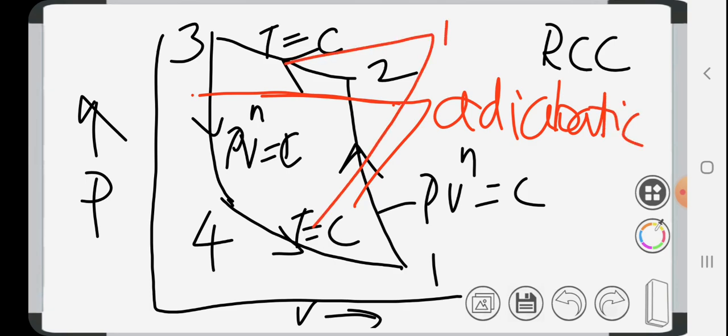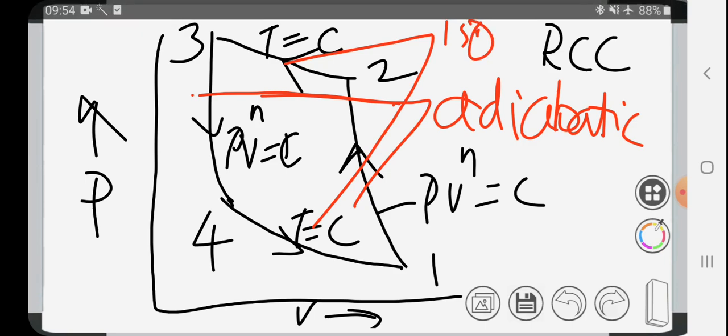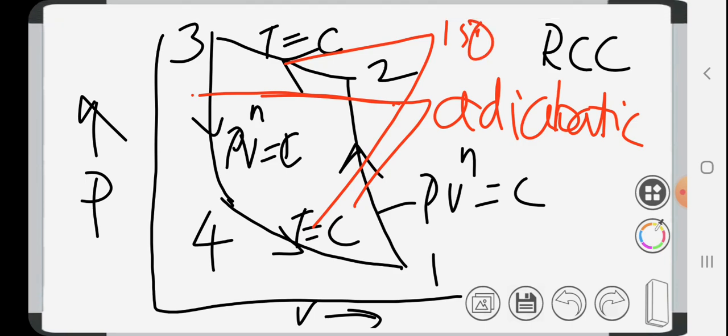These two are isothermal. Here the direction is anti-clockwise, right? In case of the Carnot cycle, it was clockwise. All four processes were the same, but the direction was clockwise. In case of RCC, the reversed Carnot cycle, it is anti-clockwise.